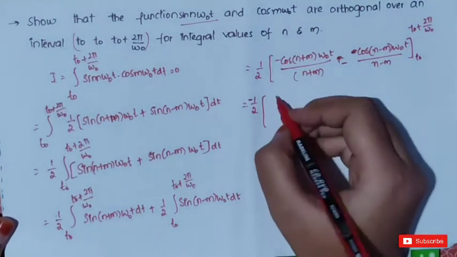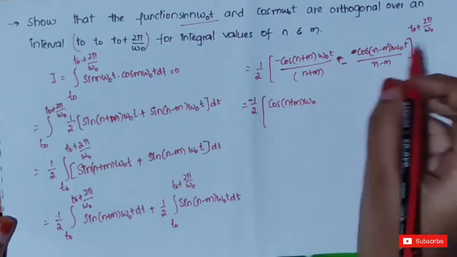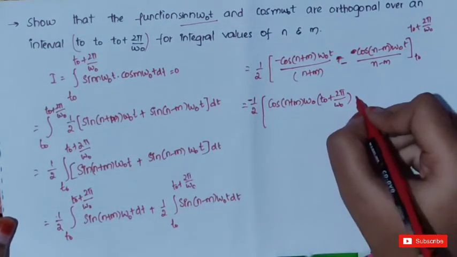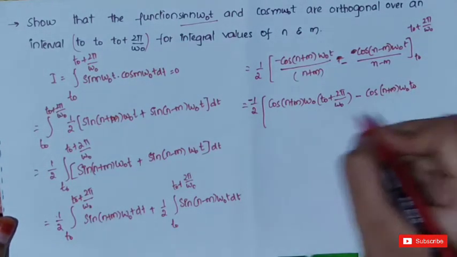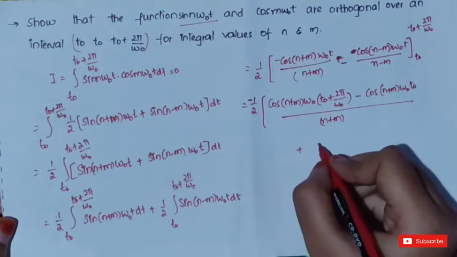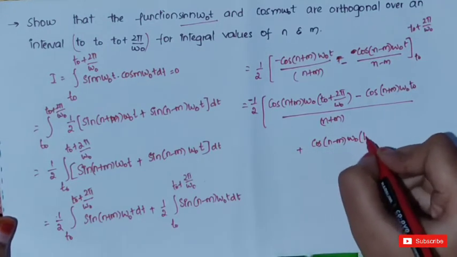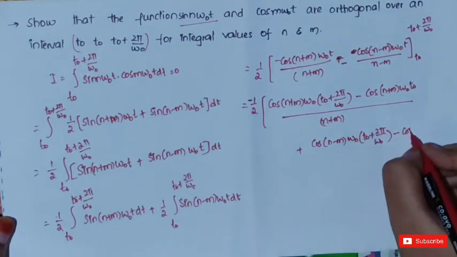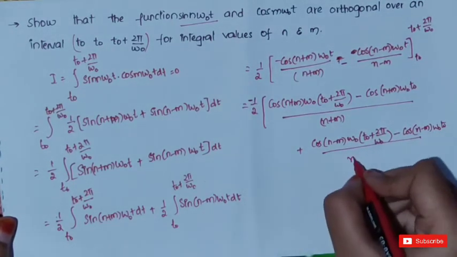So cos of (n plus m) omega naught into t, from t naught to t naught plus 2 pi by omega naught, minus cos of (n plus m) omega naught t naught by (n plus m), plus cos of (n minus m) omega naught into t naught plus 2 pi by omega naught, minus cos of (n minus m) omega naught t naught by (n minus m).